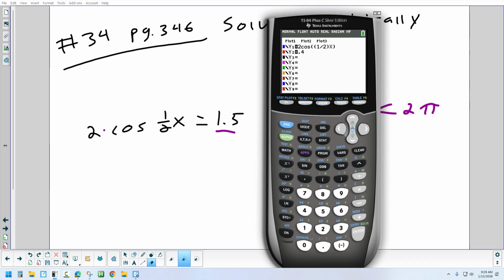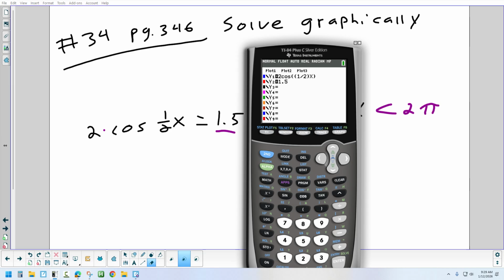Okay, and on y2. Layla, what am I going to put on y2? Yep, I'm going to put the 1.5. Okay, got our window, we got our equations. Hit graph.